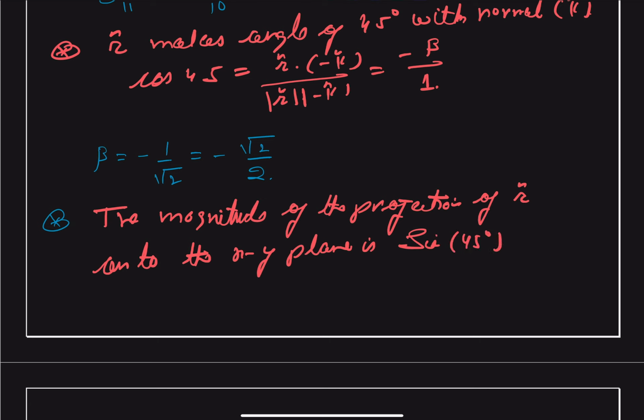Therefore, we can write alpha multiplied by the magnitude of the parallel unit vector will be equal to sine of 45.